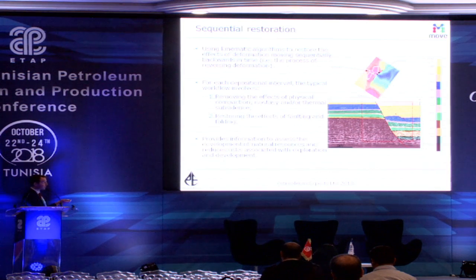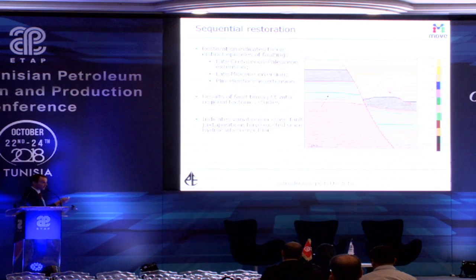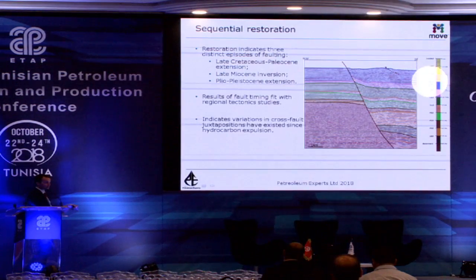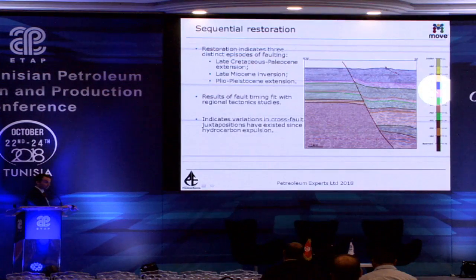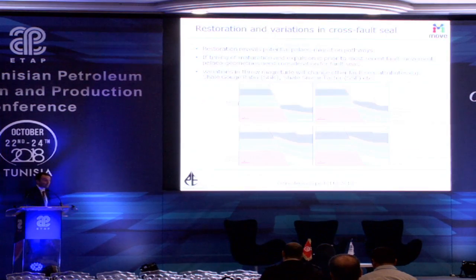And if we focus on the area in this red box and do a sequential restoration, so decompact and restore the fault offsets, you can see that once we get back to the top of this blue unit, which is N50, it's between 3.5 and 5.5 million years, we now have the reservoir juxtaposing itself against the fault just 5 million years ago.